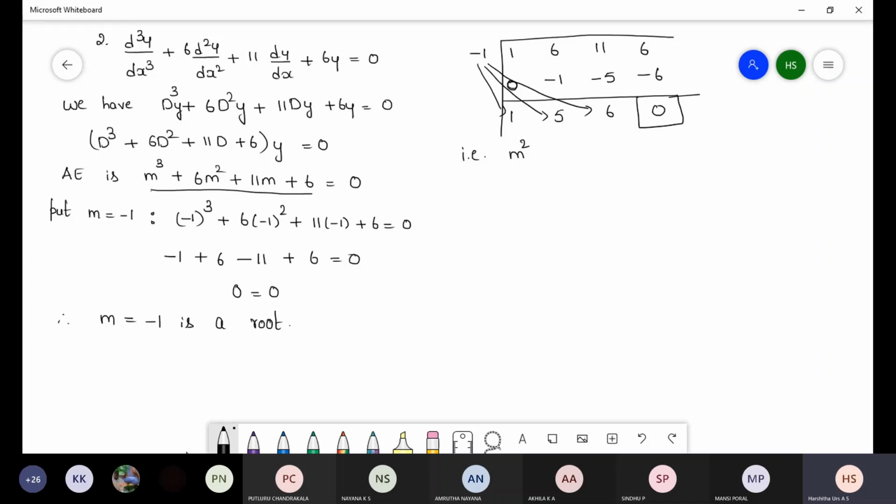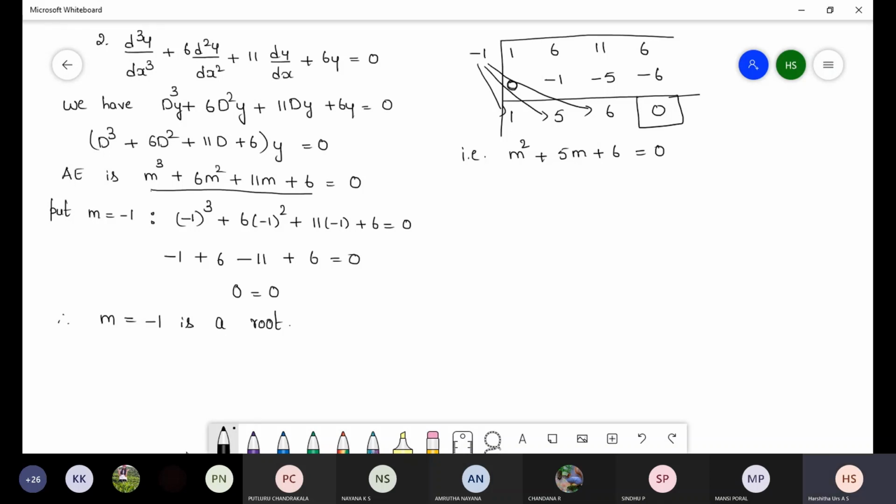Coefficient is 1, so I write m square plus 5m plus 6 is equal to 0. We started with m cube and at the end we got 0, so we start with m square, the lesser order term. After m cube we take the second order, that is m square.